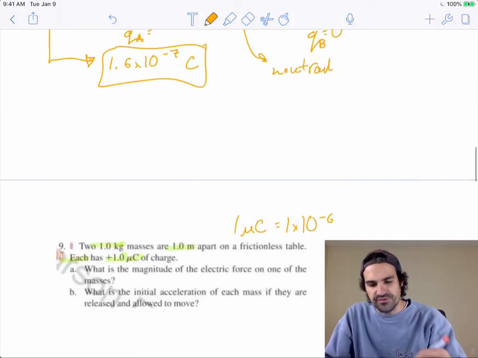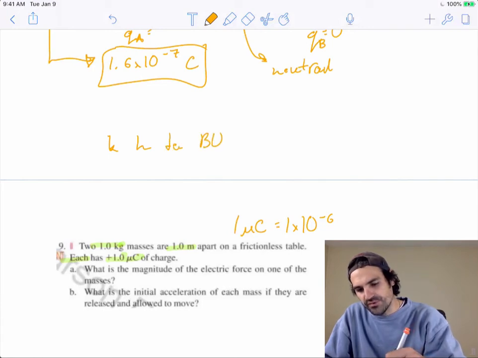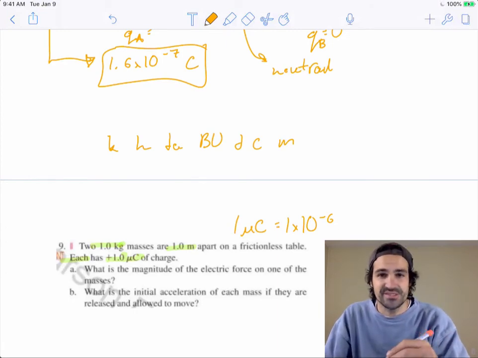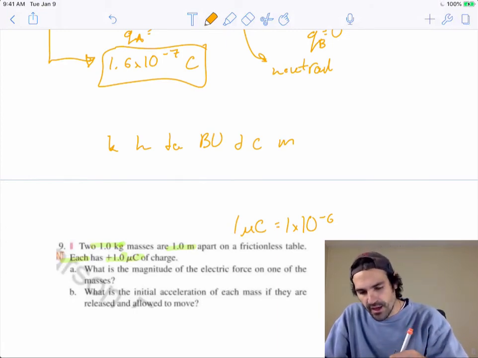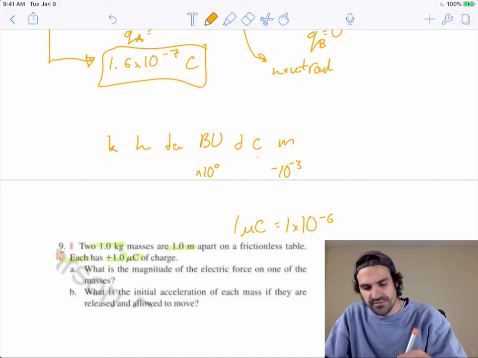And I probably should have done this before, but King Henry died belly up, drinking chocolate milk: kilo, hecto, deca, base unit, deci, centi, milli. This is times 10 to the 0, 10 to the negative 1, 2, 3, 10 to the positive 1, 2, 3.